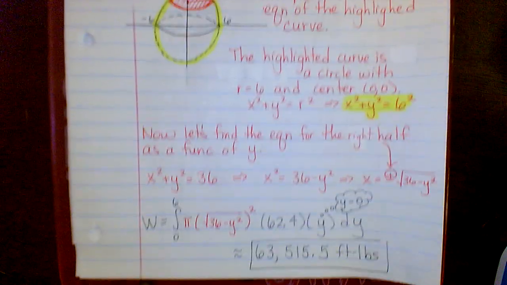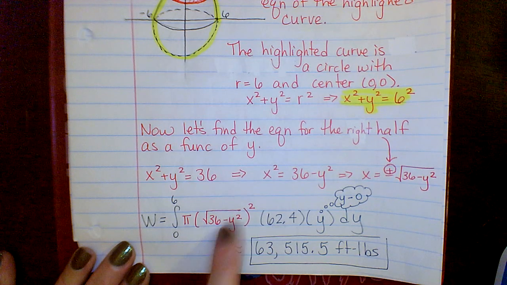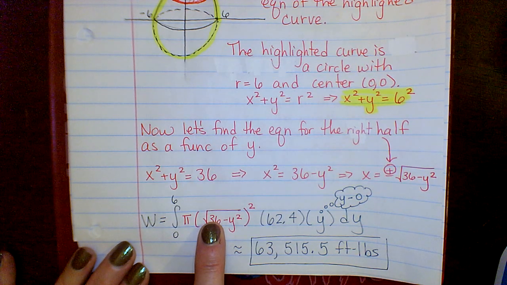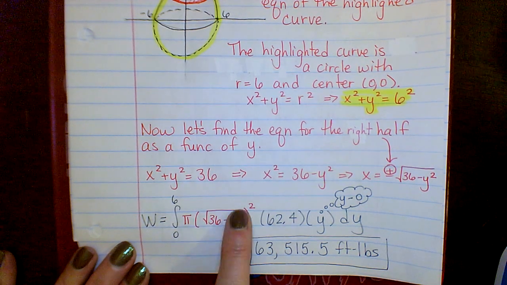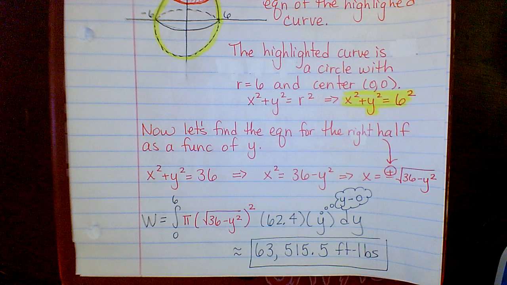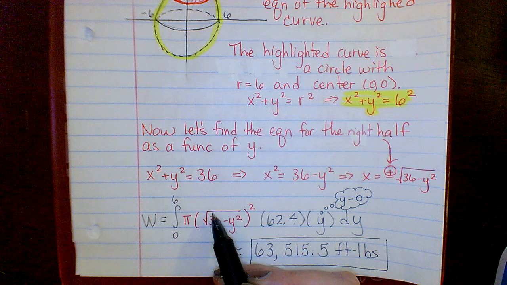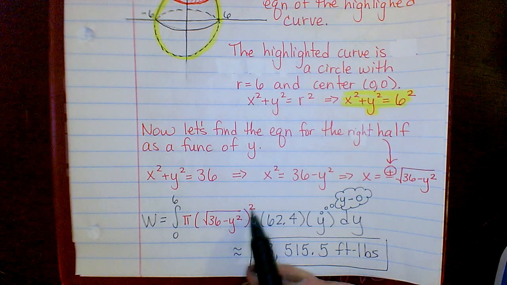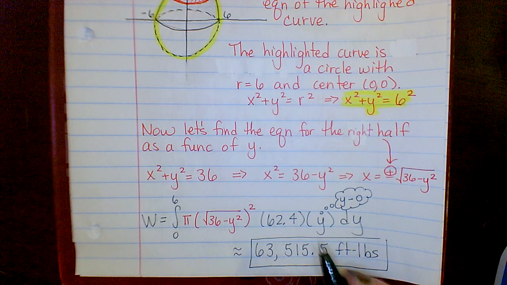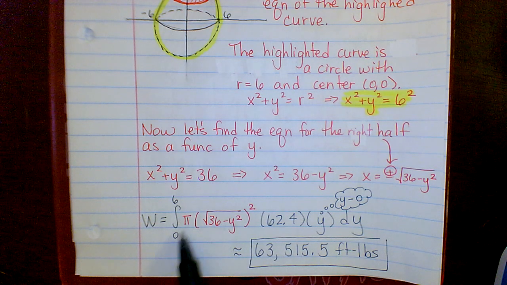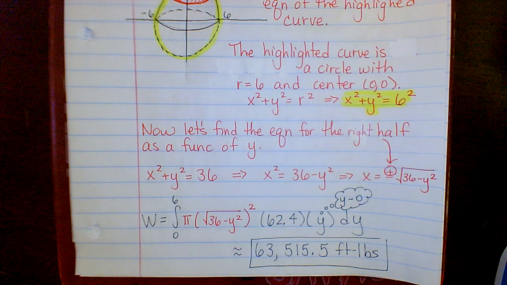Now, when you put this in your calculator, that's going to be really ugly. Just notice that you have a square root squared here. So maybe just don't type in the square root or the squared, because those two are going to undo each other. When you type this in your calculator, just use pi times 36 minus y squared times 62.4 times y.